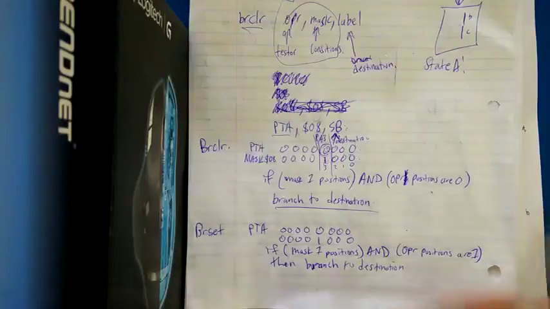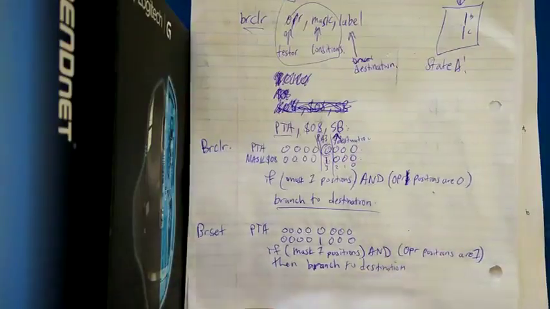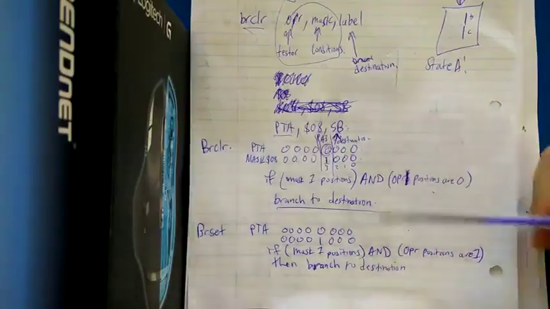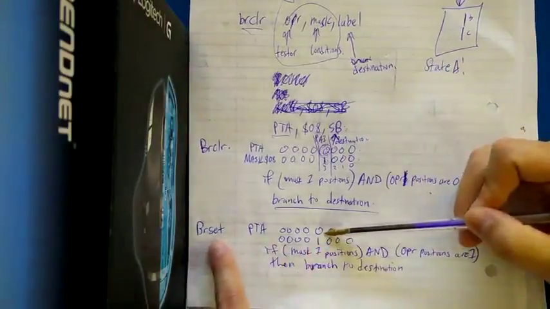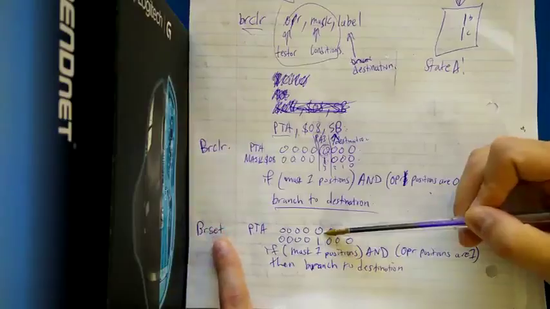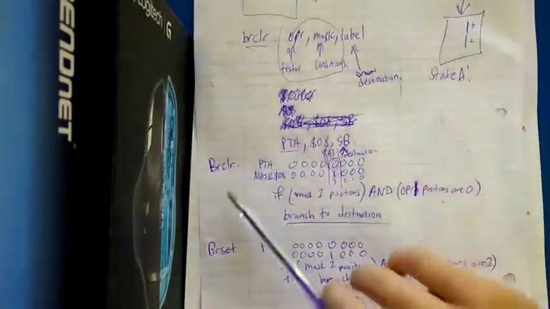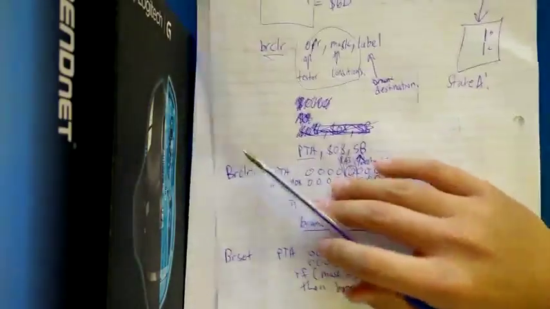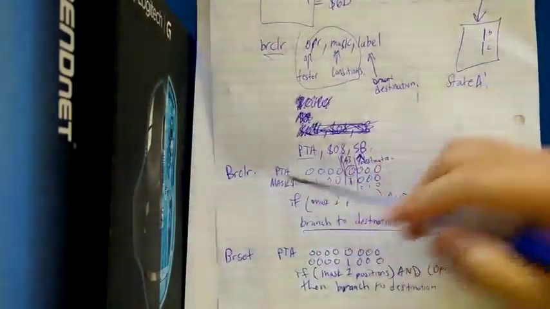It'll just go to the next line, because it's like an if-then statement. So if this is 0 and it's BR set, if it's 0, then it's not going to branch. But if it's 1, then it's going to branch. So remember, it's in the name, clear or set. Set really means 1 and clear means 0.